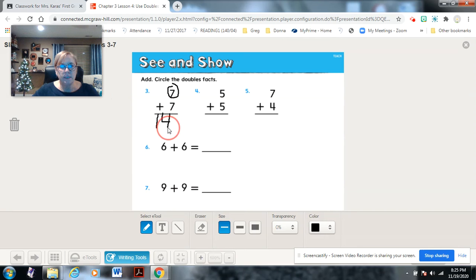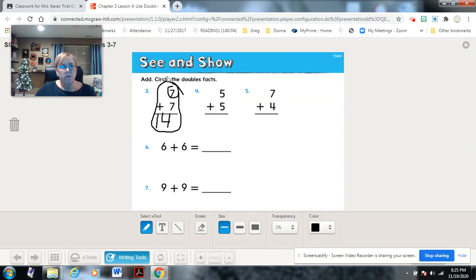Now, here's the other question we have to do. The directions say circle the doubles fact. Well, here, right? So we are going to circle this fact because it's a double. So when you do the rest of these math problems, you're going to find the sum and then look to see if they're a double.